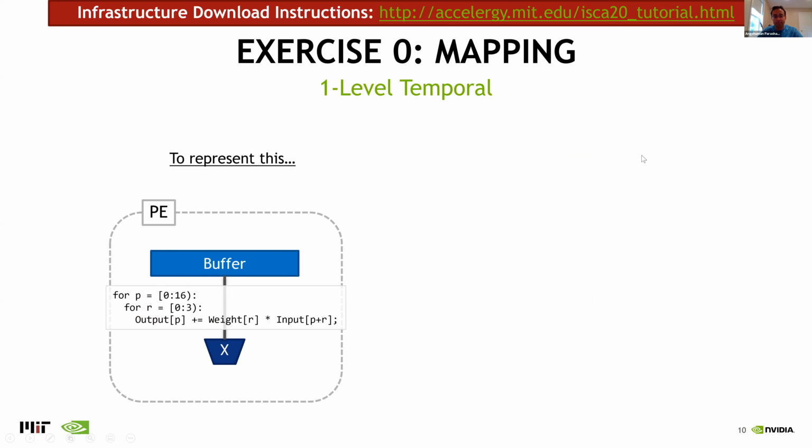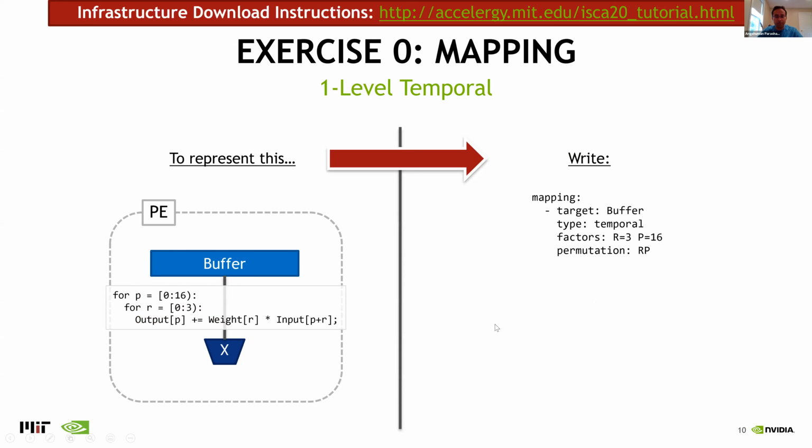And so to represent this in Timeloop, again, it's a YAML spec where your target is the buffer. It's just a convention where if you're trying to describe a loop nest that represents data movement between two levels, you attach it to a target that's the outer level. Okay, so the target is the buffer.